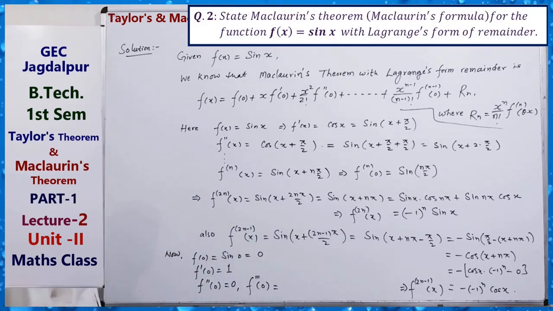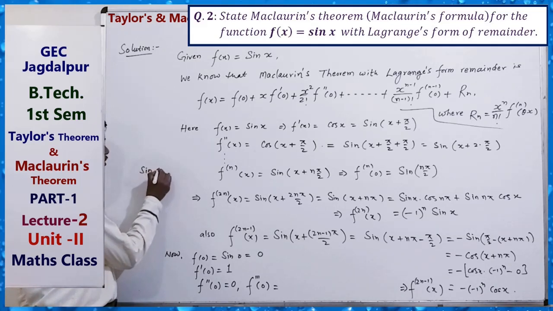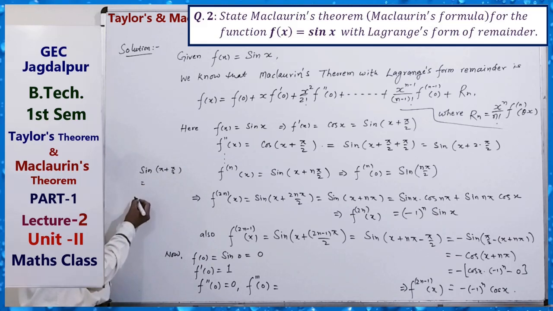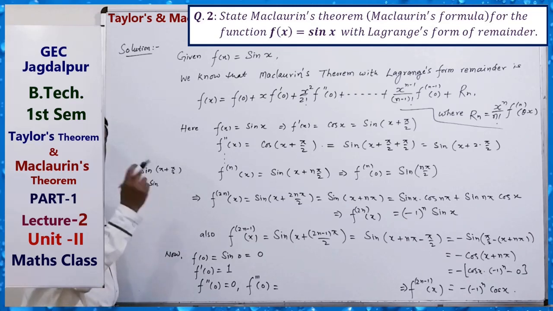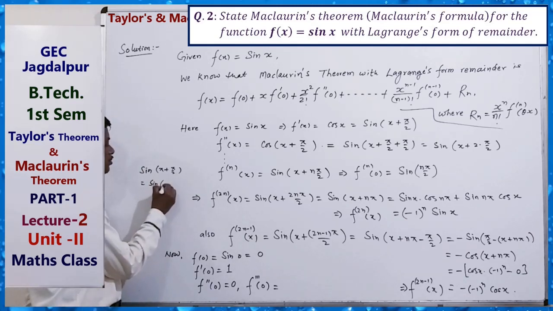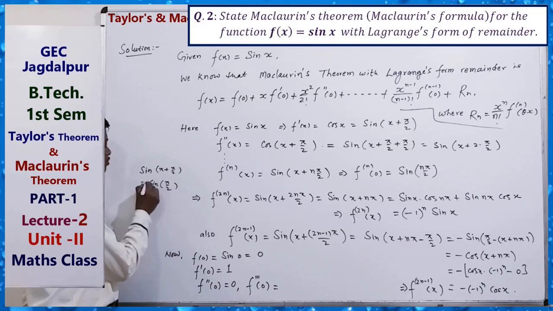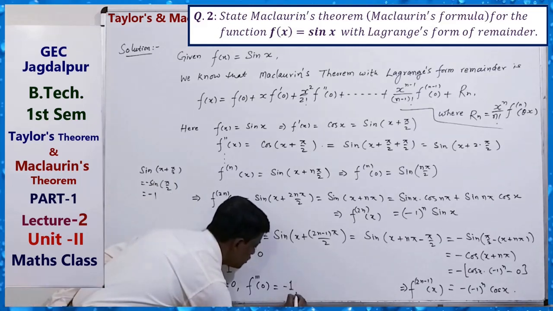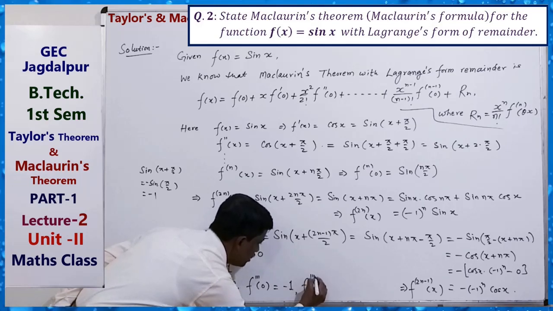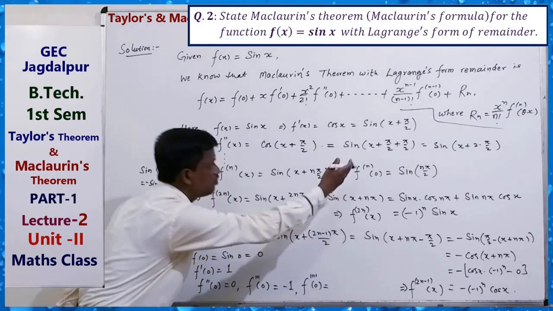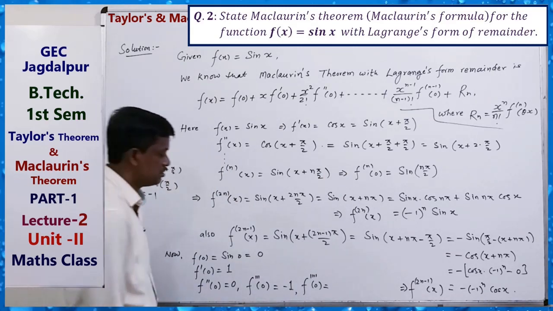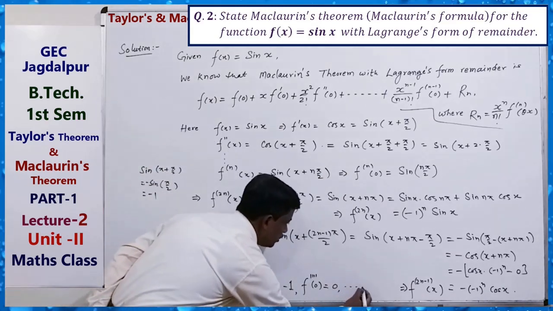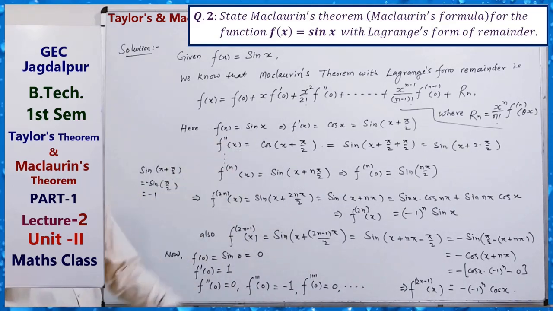What will be the value? sin 3 pi by 2 is sin of pi plus pi by 2, which is minus 1. Similarly, the fourth derivative is sin 2 pi, which is 0, and so on. You can find all the derivatives.